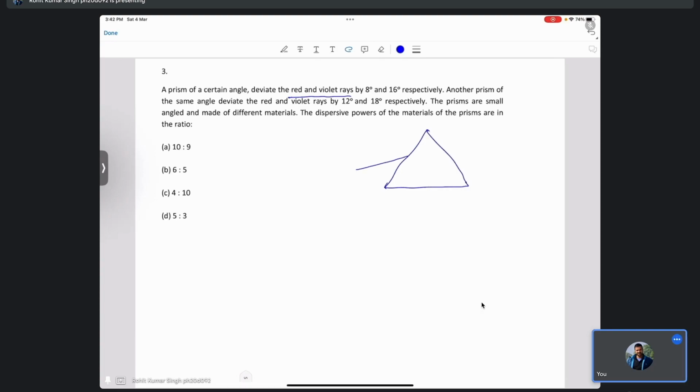Okay, so suppose this is the red color light, and this is, suppose, the violet.